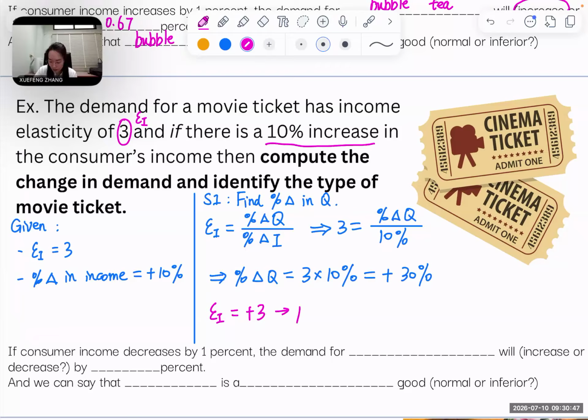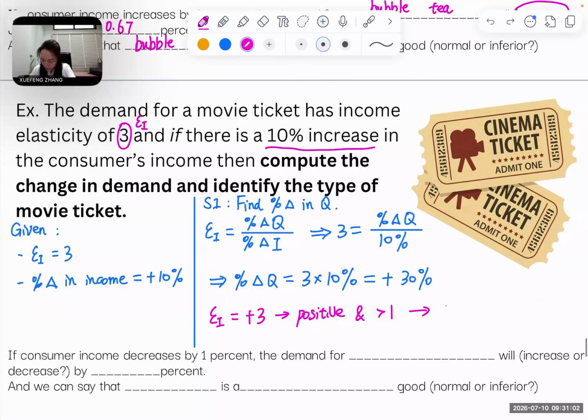It is positive and greater than 1, which means the movie ticket is a normal luxury good. Normal luxury good.